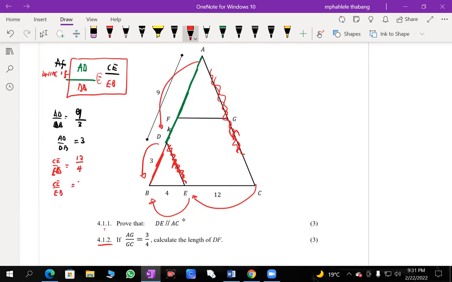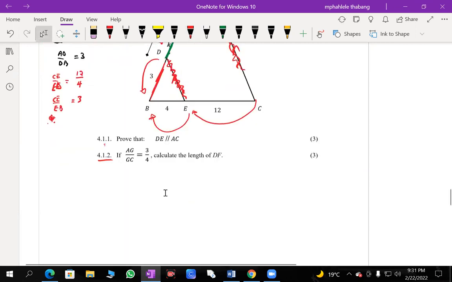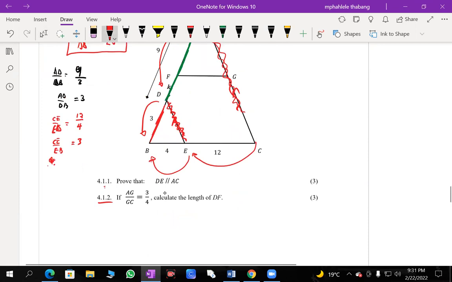It is 3. Therefore AD over DB is equal to CE over EB. Therefore, DE is parallel to AC.